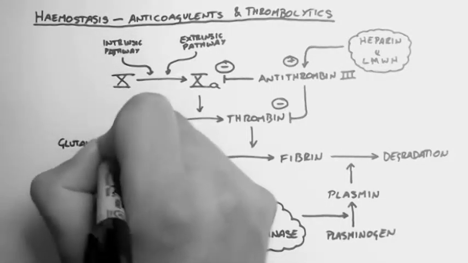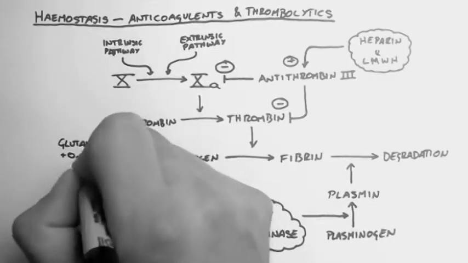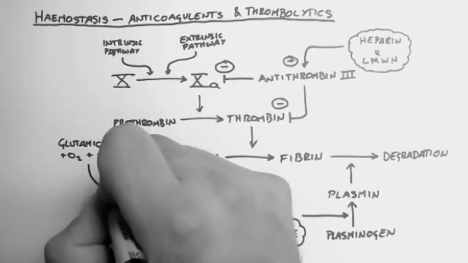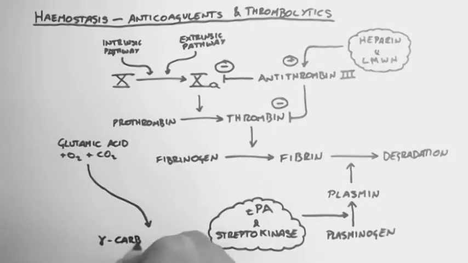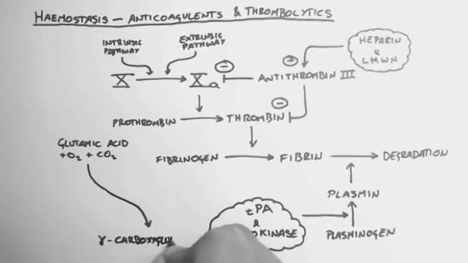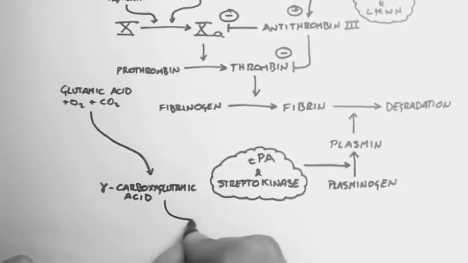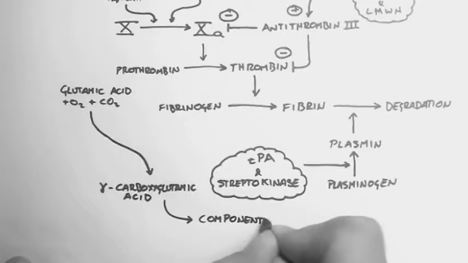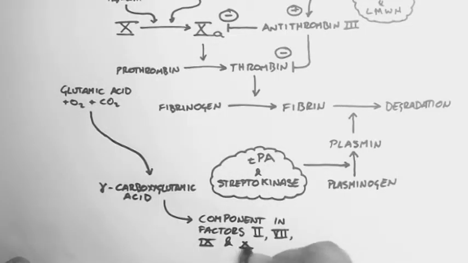In the body, glutamic acid plus oxygen and carbon dioxide can be converted into a weird amino acid called gamma carboxyglutamic acid. And this strange amino acid is a component in factors 2, 7, 9, and 10.